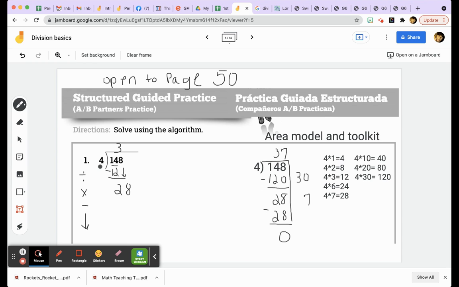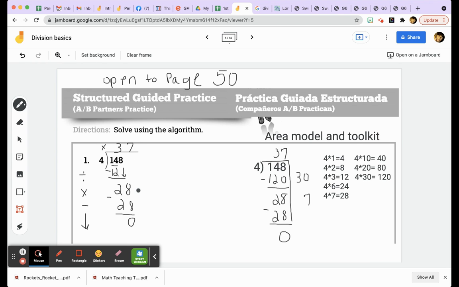How many equal groups of 4 will fit into 28? Well, 4 times 7 is 28. So I can put 7 in the quotient. Then I'm going to multiply back. 7 times 4 is 28. 0.